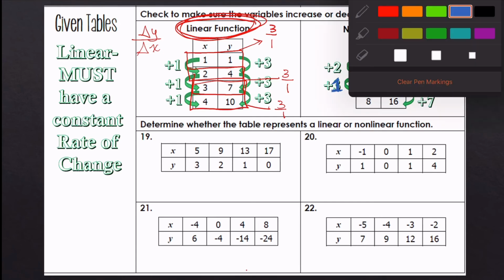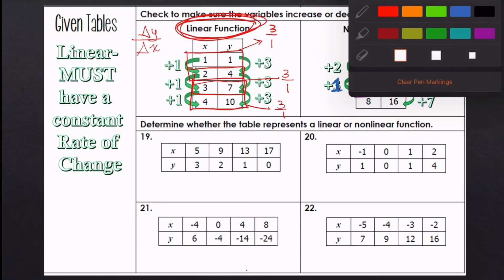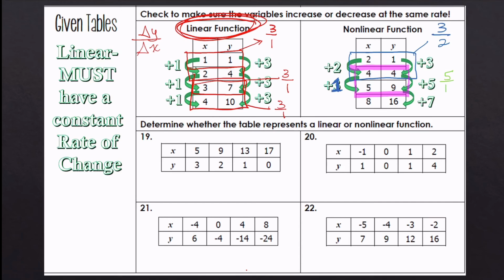So what happens here is my slope from here to here is 5. Let's actually erase this for a minute. It's actually 5/1. So right away, if you look here and you look here, those are not the same. If you want to test it and go from here to here, you'd have 7/3, still not the same. So that's why this function here is nonlinear.